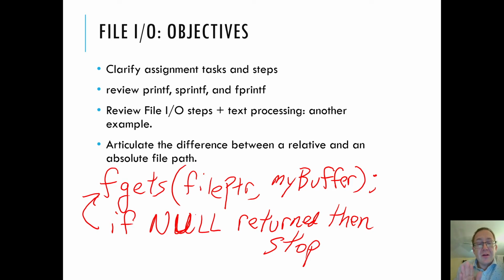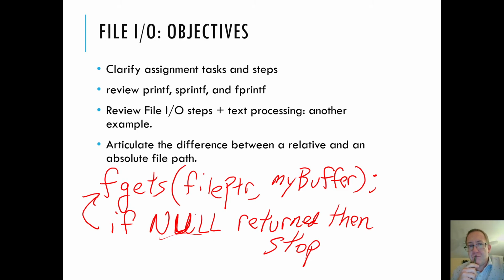We'll look at NULL very soon when we talk about pointers, but fgets will return this thing called NULL, all uppercase, if there are no more things to be read. That means it's pointing to nothing. It's the end of the file, NULL.